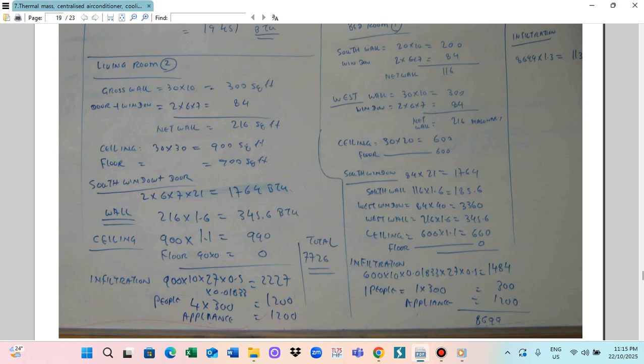So we can calculate the net wall, which is equal to 300 minus 84, and you get 216 square feet.